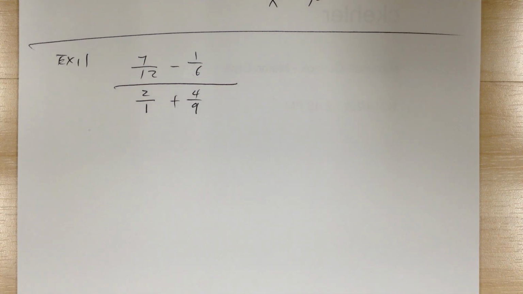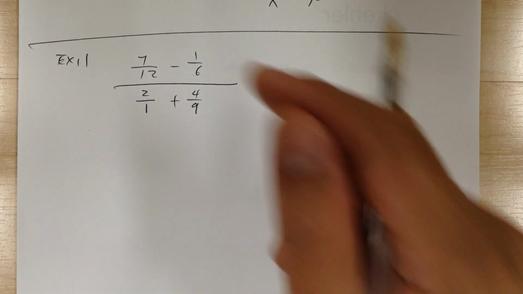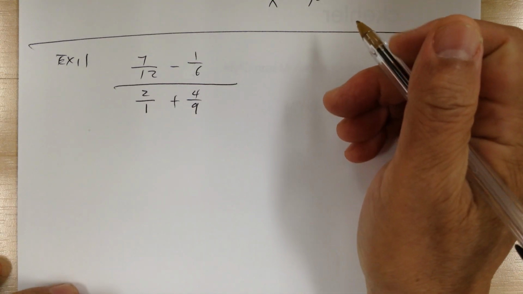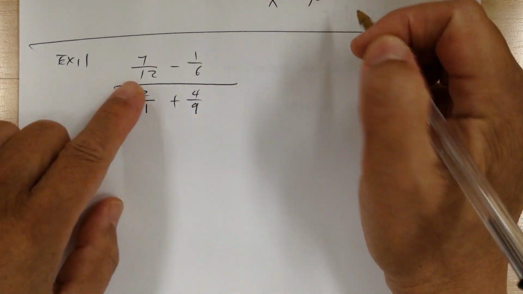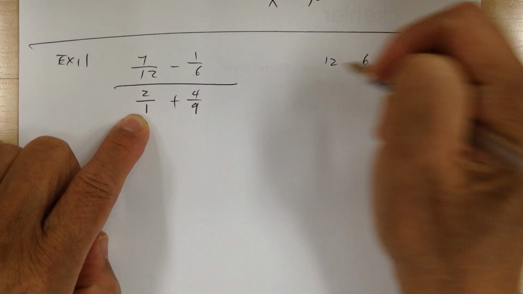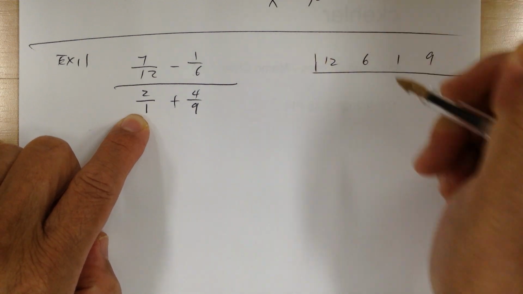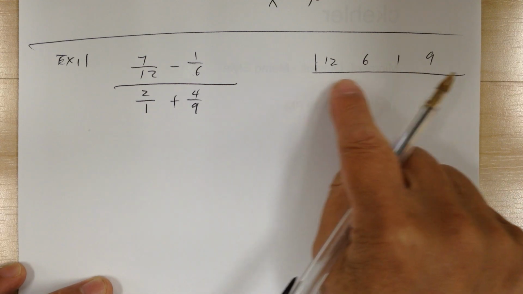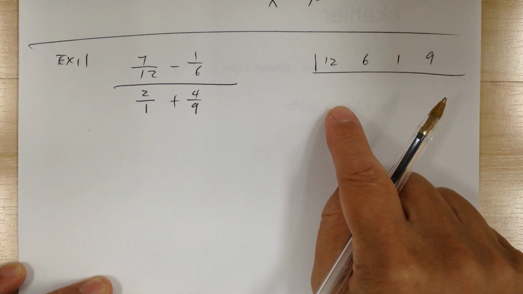That helps you keep track of the numerator and denominator. The next thing you want to do, to simplify a complex fraction, is multiply every term by the common denominator, the LCD. So you have the 12, the 6, the 1, and the 9. So go and get your LCD. When you're looking for the LCD, as long as two numbers can divide, you can go and divide.